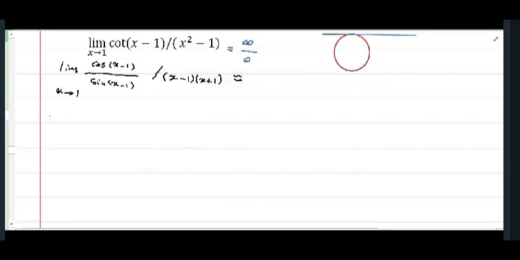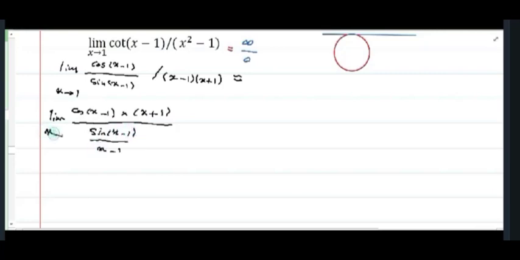So we can rewrite as the limit of cosine of x minus 1 times x plus 1 over sine of x minus 1 over x minus 1 when x approaching 1.